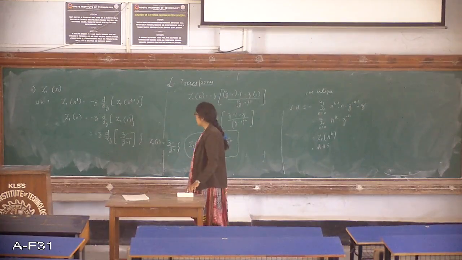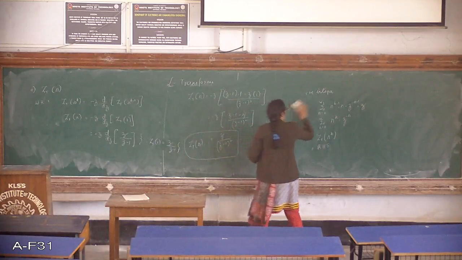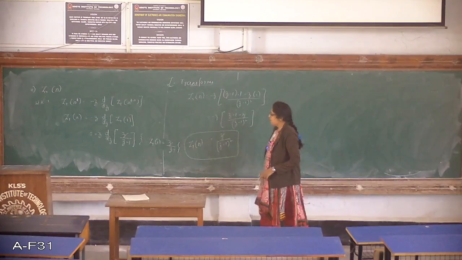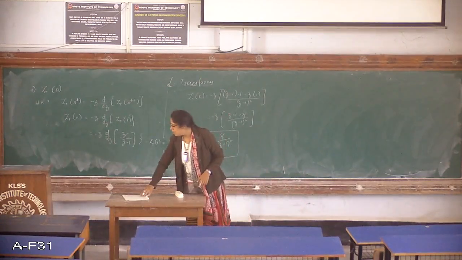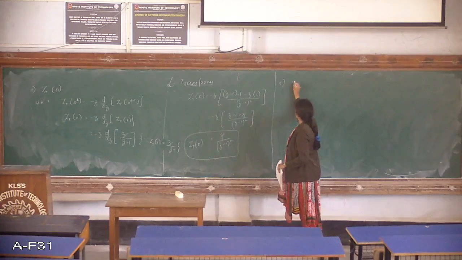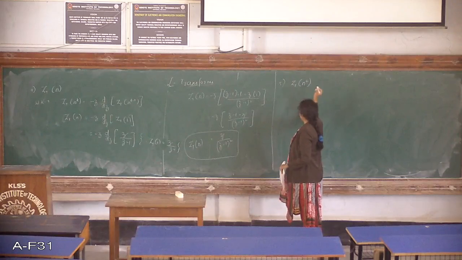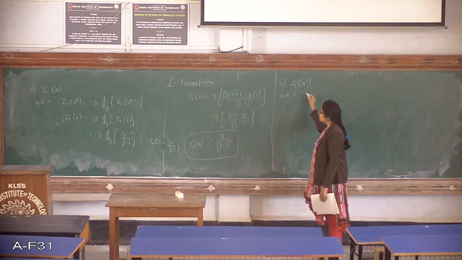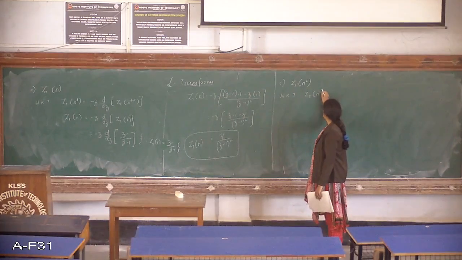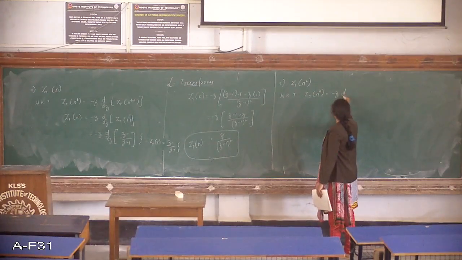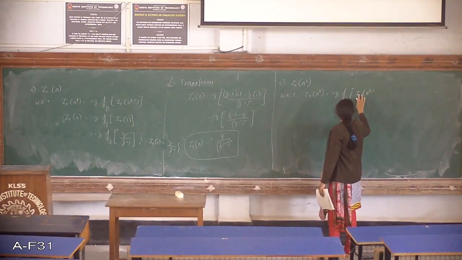In a similar fashion, we can find out the z transform of n square. So we shall be making use of the same result which we had obtained, that is, z transform of n raised to k is given by minus z d by dz of z transform of n raised to k minus 1.